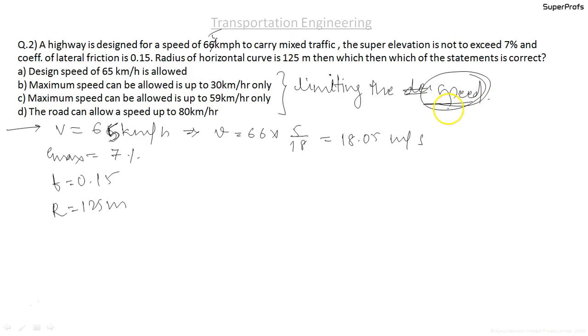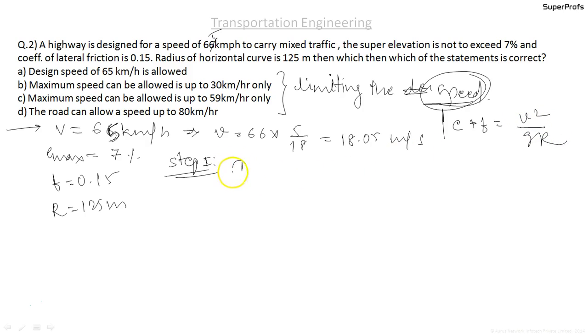Okay, so let us check out what step number 3 says in the design of horizontal curve. So I'll write down the steps distinctly. Step 1 is that our general equation is E plus F equal to V square upon GR.